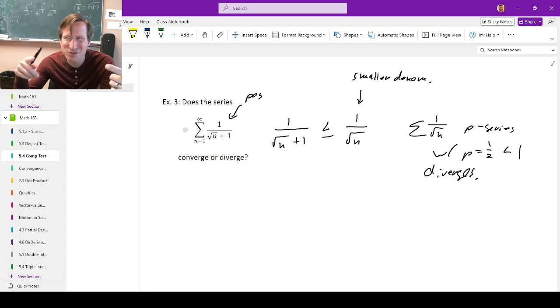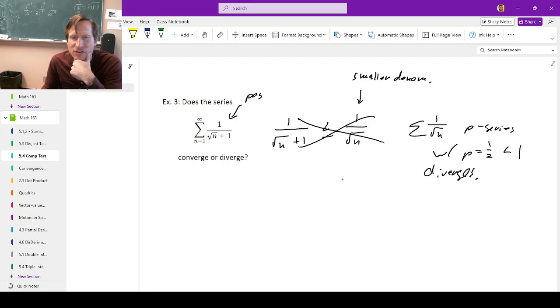But we sort of crossed the streams and we compared to a larger divergent series, and that's not helpful, right? So this actually didn't help. This was not the right comparison to make. My intuition is that this series is very similar to 1 over square root of n, so probably it diverges, but this comparison doesn't actually show that it diverges.